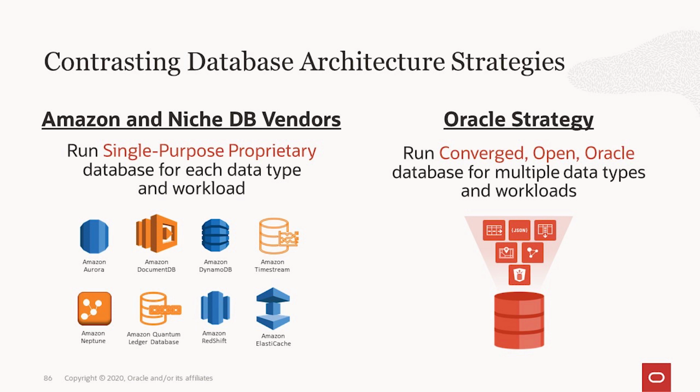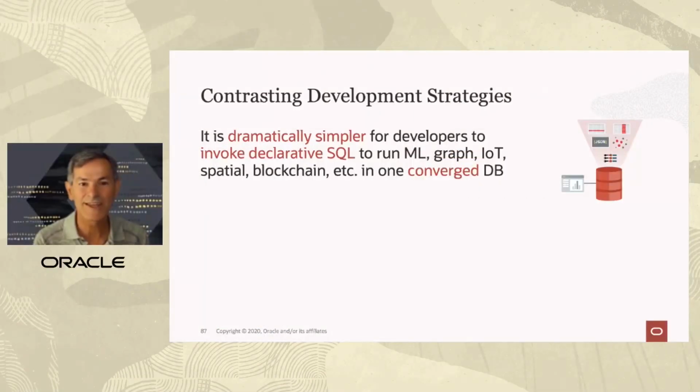Text search, it goes on. The Oracle strategy is that we run a single converged open Oracle database and put all the data types and workloads inside that database. Now, what are the advantages of this?